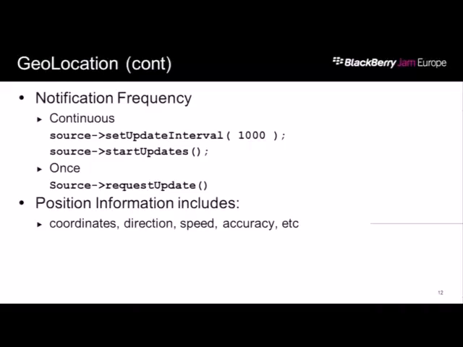The information that you get back, there's a lot of information, not just the coordinates, but also things like your direction, your speed, the accuracy of the hit. So if you wish to say, I think I'm here, but I'm actually somewhere between here, you're going to get that information back as well.